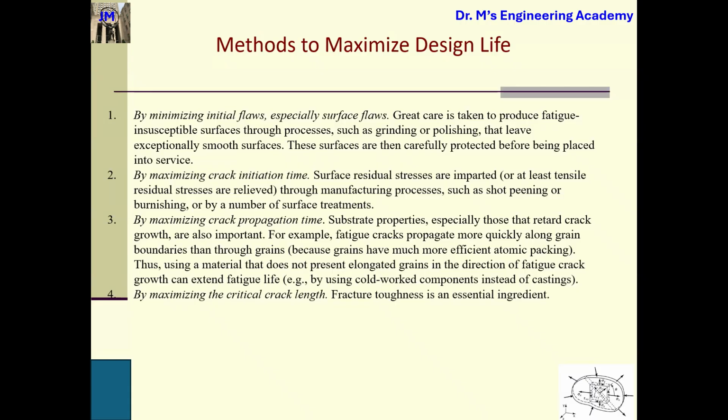For example, cracks propagate more quickly along the grain boundaries than through grains, because grains have much more efficient atomic packing. Thus, using a material that does not present elongated grains in the direction of the fatigue crack growth can extend fatigue life. You can see, for this third means, we are talking about the microstructure.